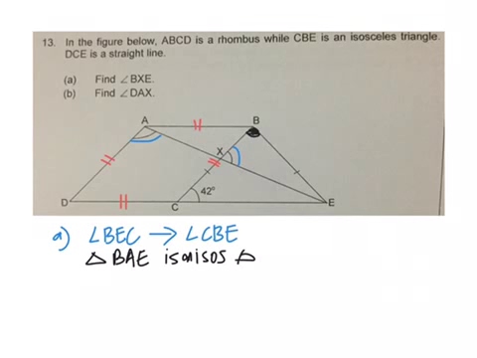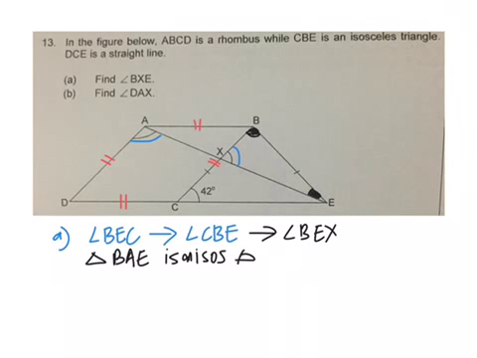So after finding angle BEC, you can find angle CBE, then you should be able to find angle BEX, this angle here. Once you're able to find this angle, can you find angle BXE? Yes, you can, because angles in a triangle add up to 180 degrees.